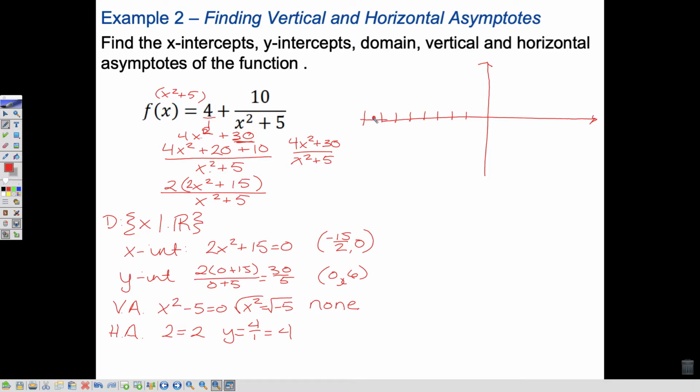So like right there? Yeah. Those are really big hash marks. Okay, y-intercept is 6. There's no vertical asymptote. There's a horizontal asymptote at 4.